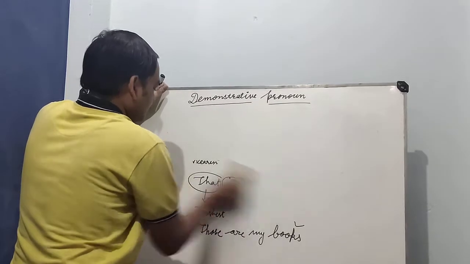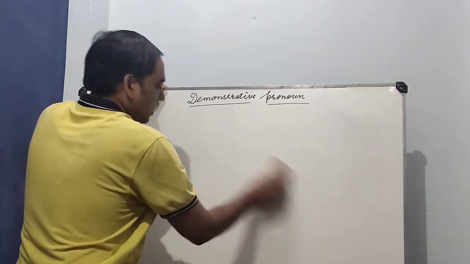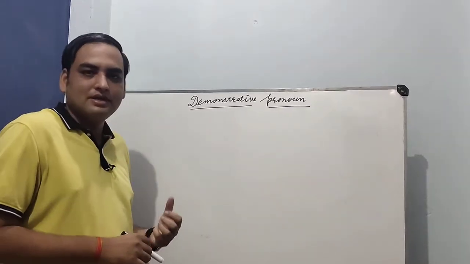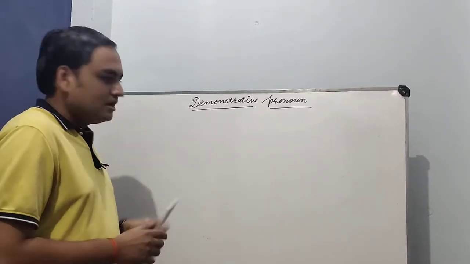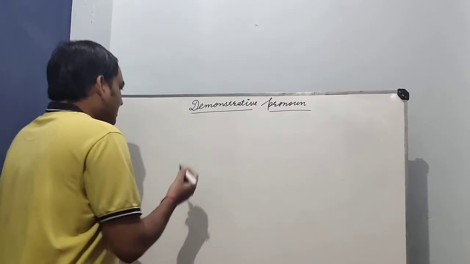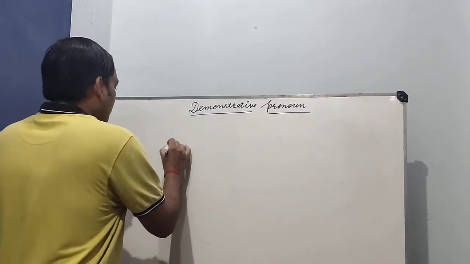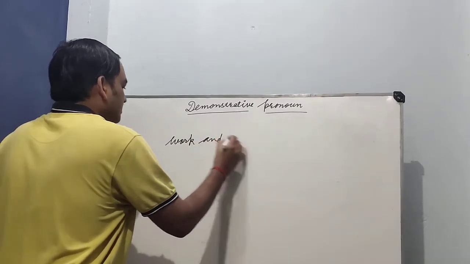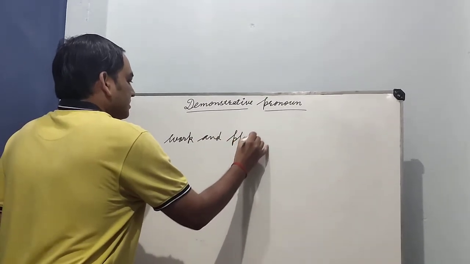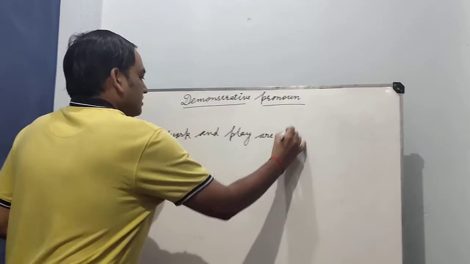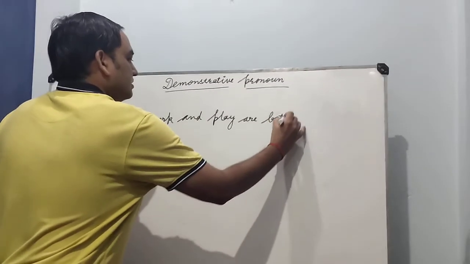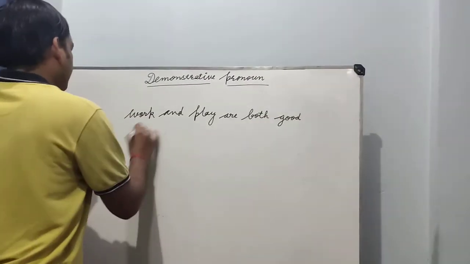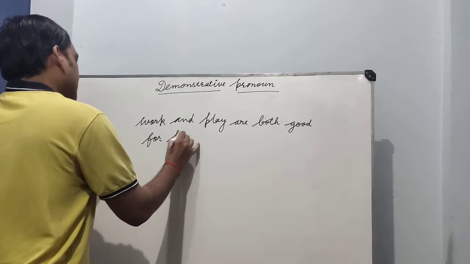Now we come to learn how we can use these words as demonstrative pronouns in sentences to indicate things. I will write another example here. Work and play are both good for health.